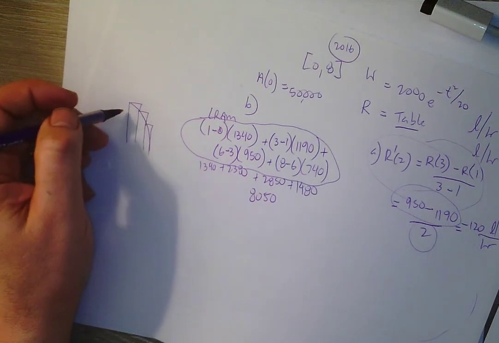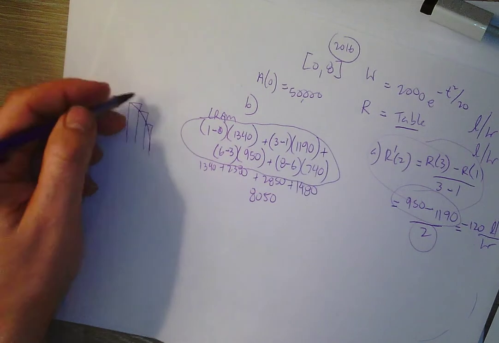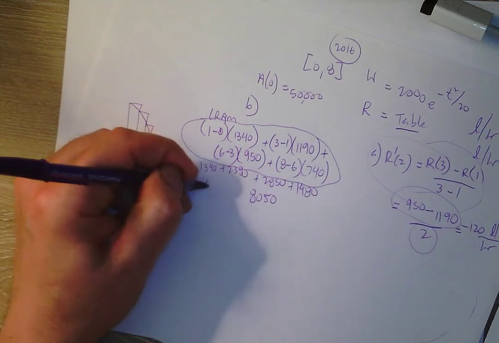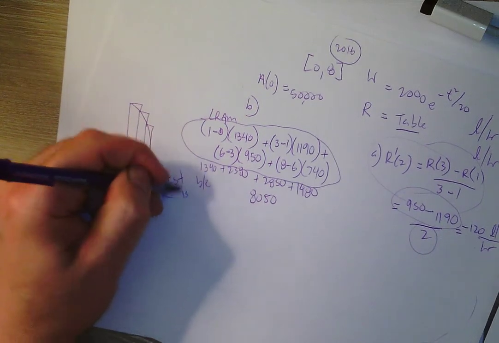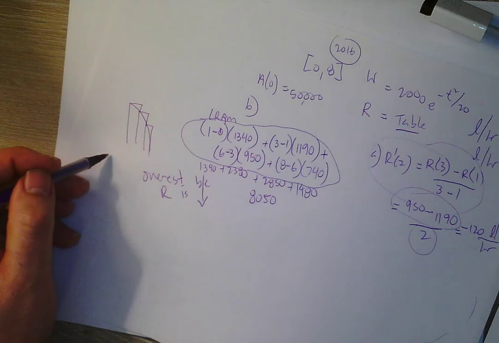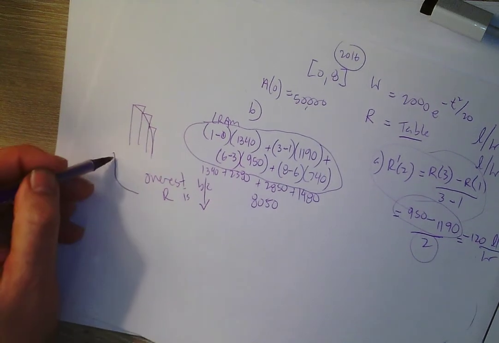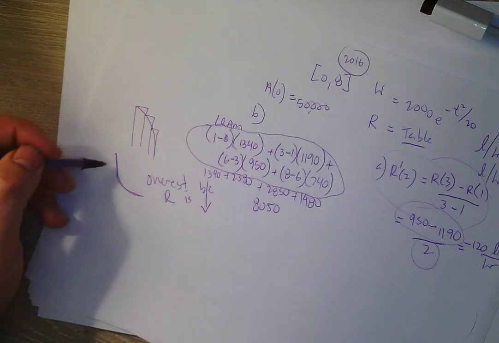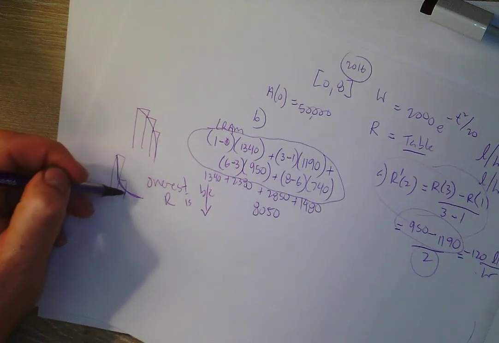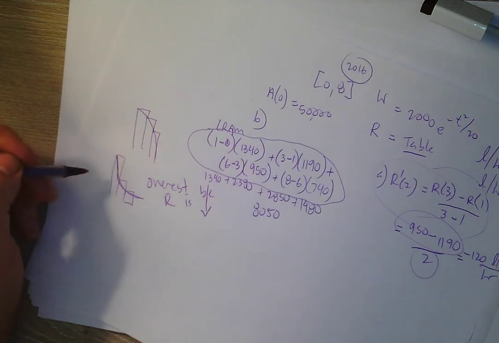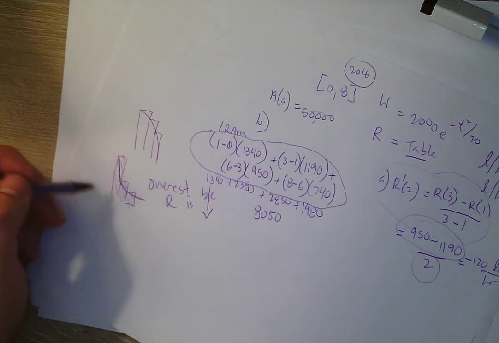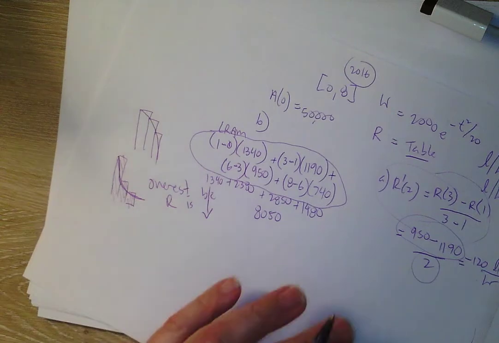My LRAM is going to be an overestimate, because R is decreasing. And just so that you don't think it's about concavity, let's do a concave up function on that interval and see, look, same thing happens. We have an overestimate when we do LRAM for a decreasing function.